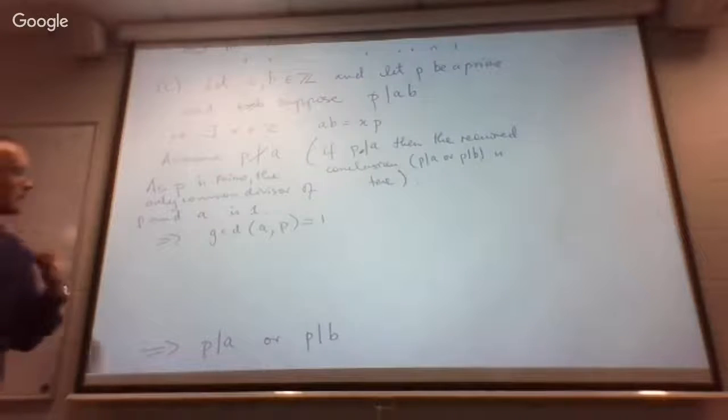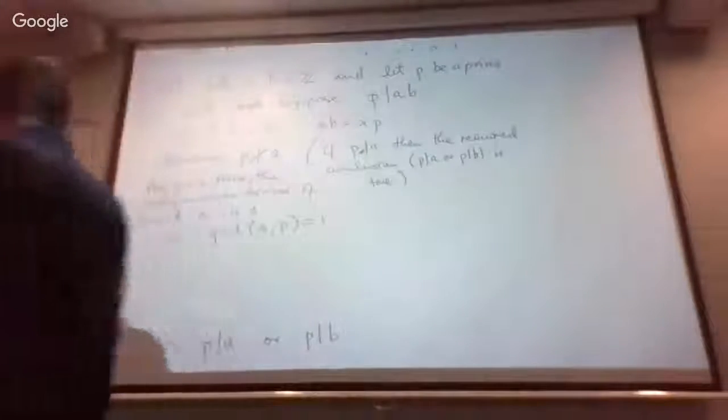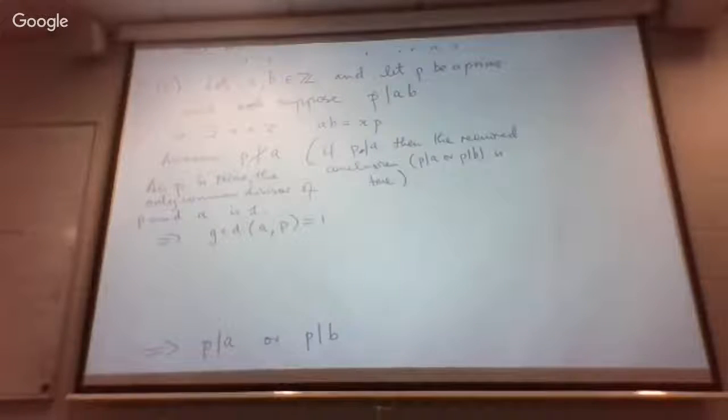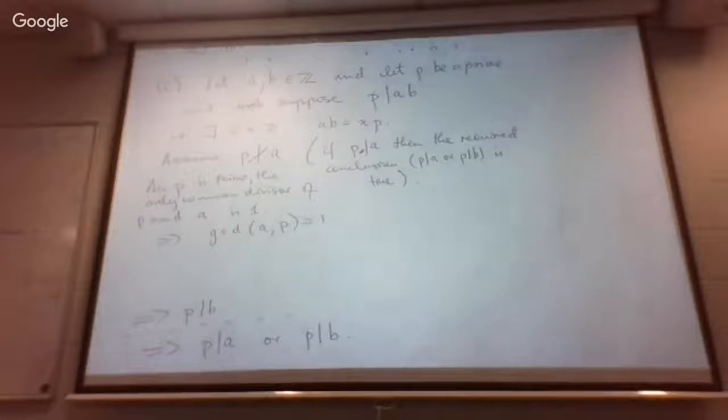And then the question also said use any related properties to these concepts as long as we clearly state them. And the natural thing related to, remember, we're trying to get that P divides B. Natural thing related to the greatest common divisor is Bézout's identity.